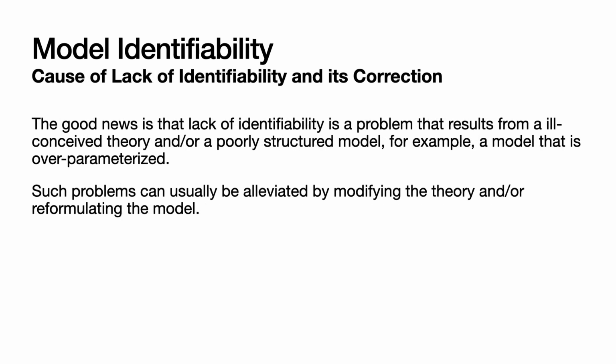Now, the good news is that lack of identifiability is a problem that results from an ill-conceived theory and/or a poorly structured model, for example, a model that has been over-parameterized. Such problems can usually be alleviated by modifying the theory and/or reformulating the model. Next, let's talk about identifiability in the context of structural equation modeling.